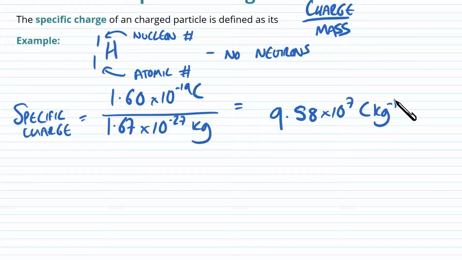And we could do this with anything, and the actual calculation is less important. You just take the charge on the particle and divide it by its mass. It's less important than noting what's going to give you a high or low specific charge. So if we go back to carbon-12 and carbon-14, a charged carbon-14 ion and a charged carbon-12 ion are going to have different specific charges, even if they have the same charge in total.